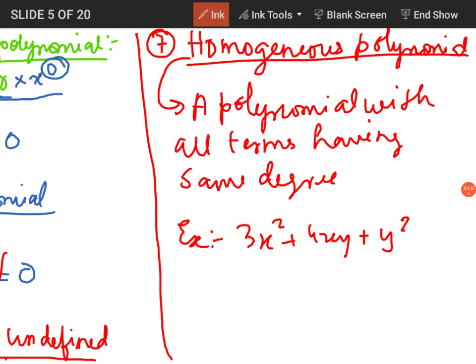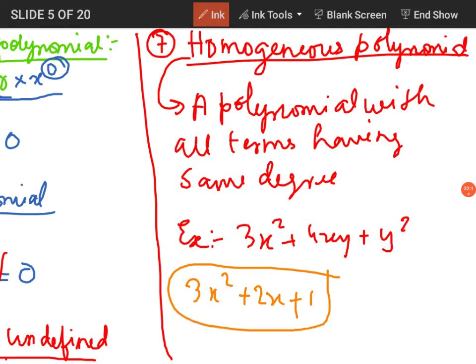Now, a homogeneous polynomial you cannot define for a single variable. Like if you take the example of 3x square plus 2x plus 1, you cannot define a homogeneous polynomial because there is only one variable.